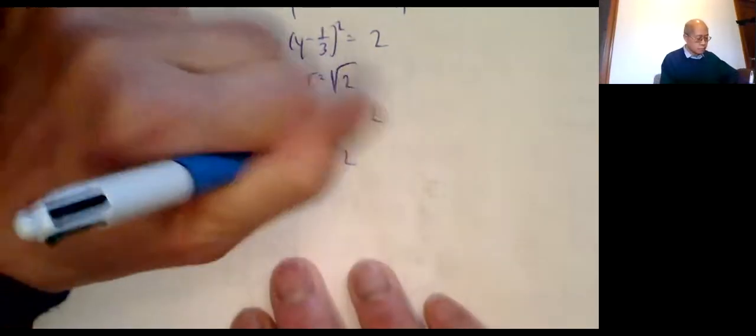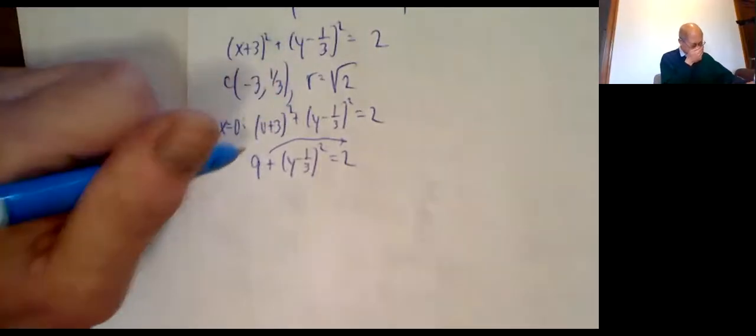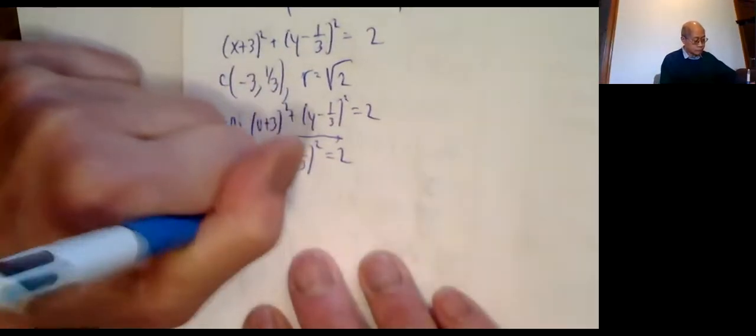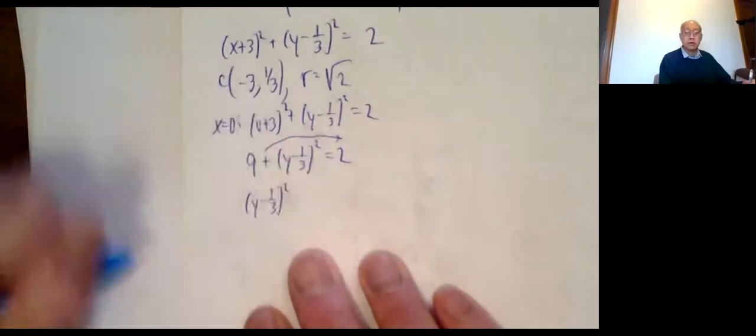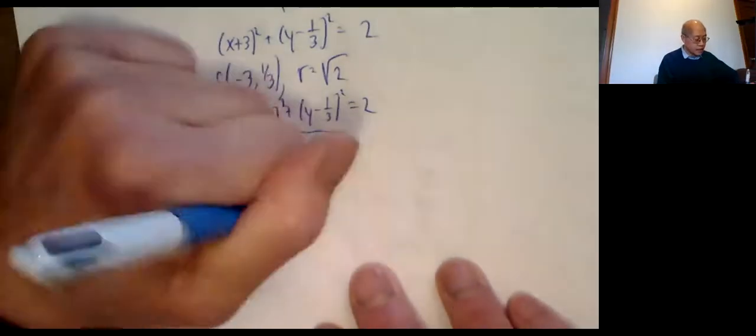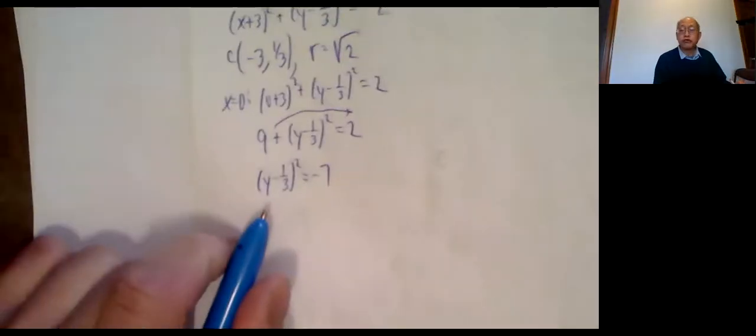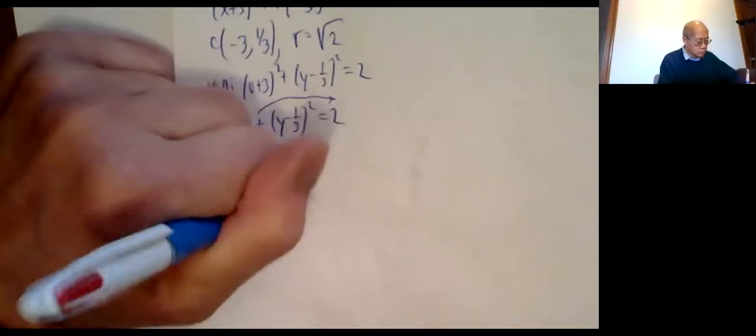Subtract 9. 2 minus 9 is negative 7. And for real numbers, that can't happen.